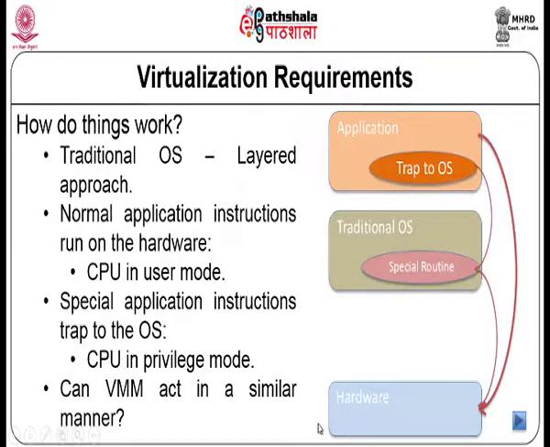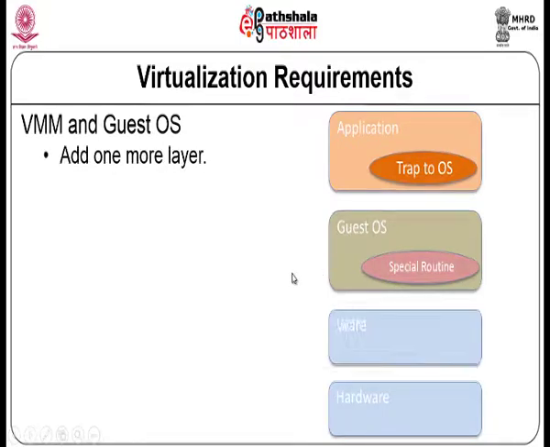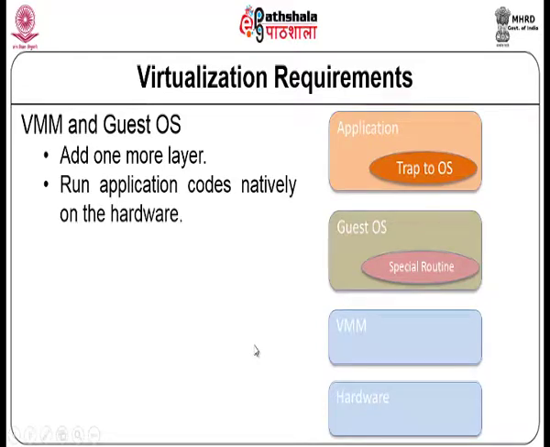Now, if we have a VMM, or virtual machine monitor, or a hypervisor, how do we manage this scenario? Let us look at this. Now, this operating system is a guest operating system, and we have one more layer, which is the VMM layer. So: hardware, the virtualization or hypervisor layer, guest OS and applications. The application and the hardware continue the same.